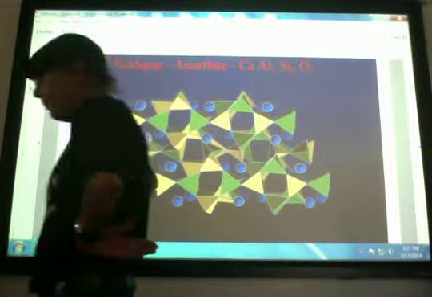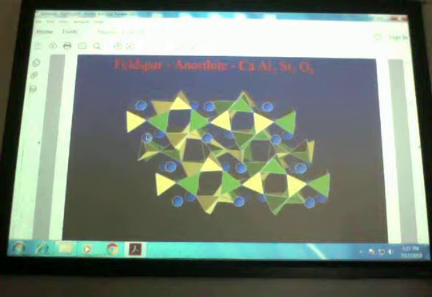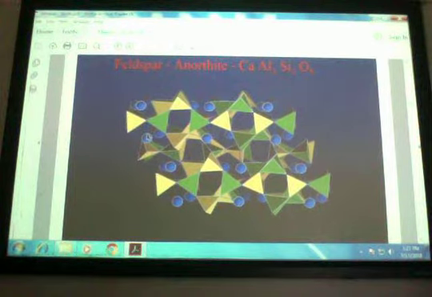So, therefore, the mineral chemistry of every mineral controls the internal mineral chemistry, controls the external symmetry.